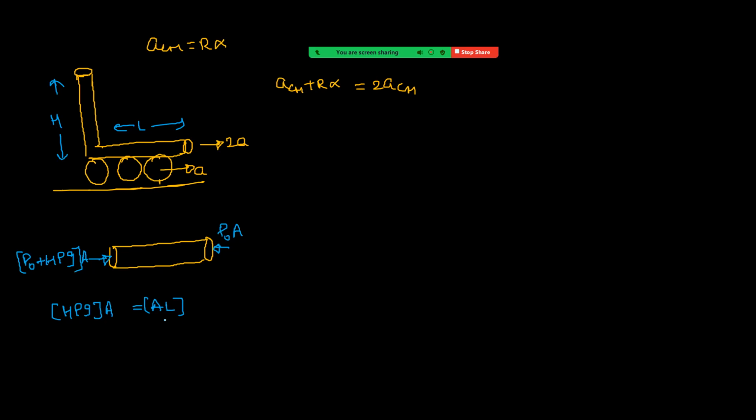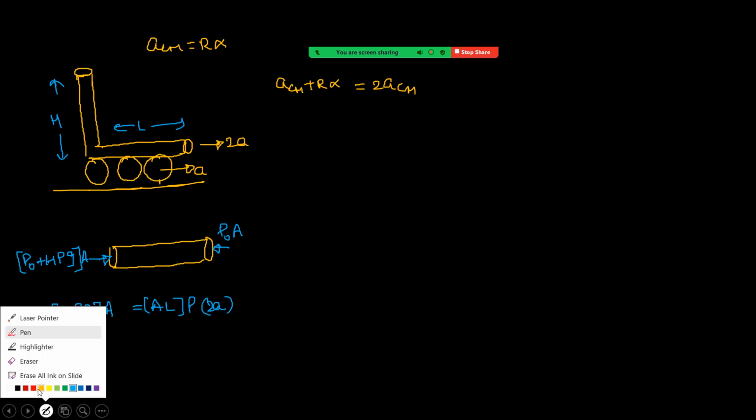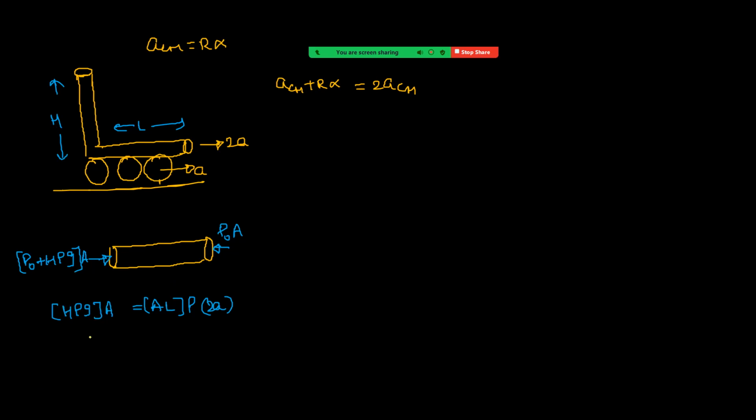Net force equal to mass into acceleration. Mass equal to this cross section area into length, that is volume, into density, that is mass, into acceleration. Acceleration is now 2a. It is not a. Now see calculation part. Rho cancels. A cancels. H and G are left. So we have to find here H value.